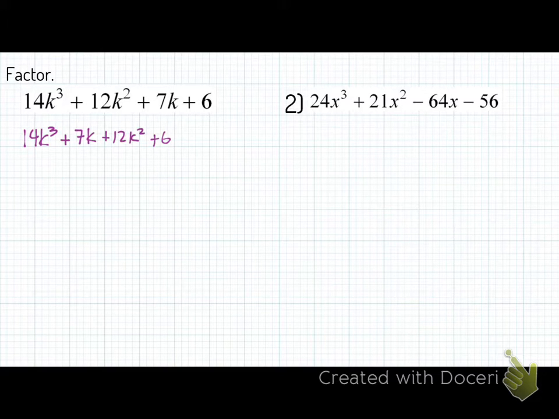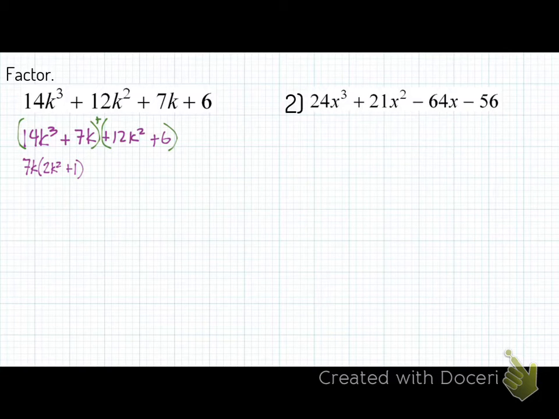And then I'm going to do my parentheses like I did last week. Put a plus sign in the middle, and I ask myself, what's the GCF of 14k cubed plus 7k, everyone? 7k, good. So then I open parentheses. I know I could take out 2k squared here when I factor it. 7k times 2k squared is equal to 14k cubed. 7k times positive 1 is equal to 7k.